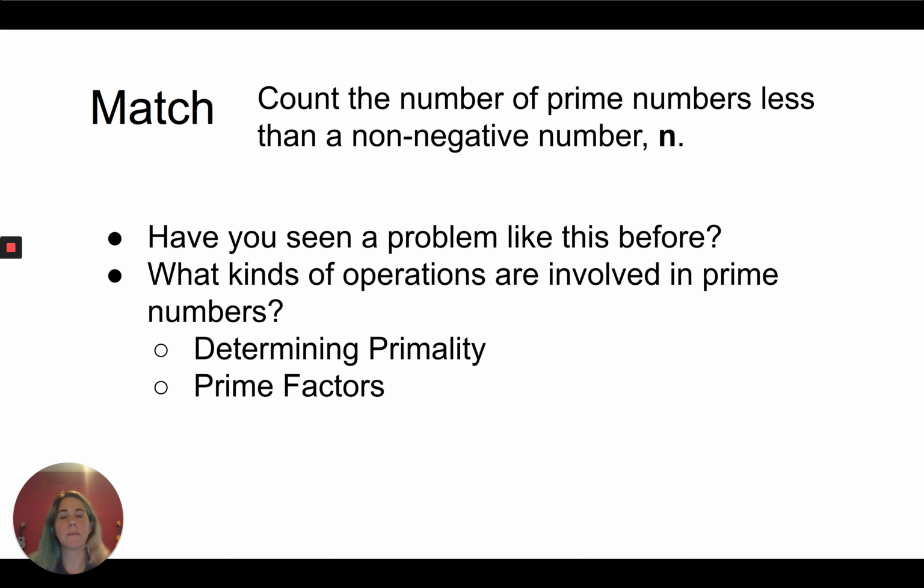Another problem I remember in school was finding the prime factors, where I would take a number and then divide it by a bunch of prime numbers to determine what prime numbers could be multiplied to make this number. So those are some operations that you might remember from school. You might also remember that it was helpful to keep track of what prime numbers you found and saw.